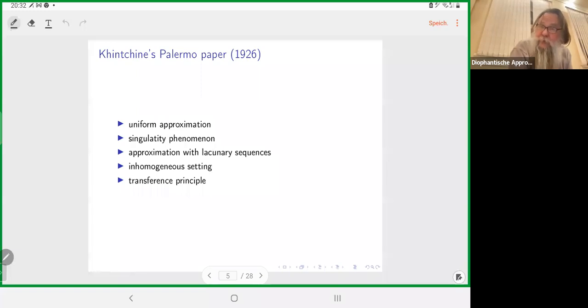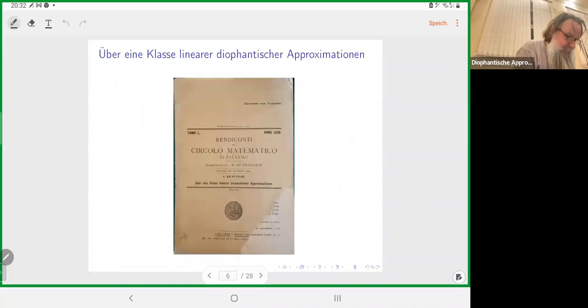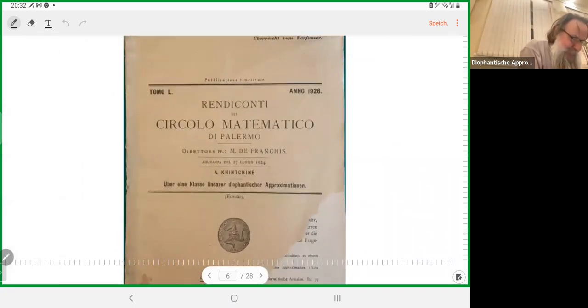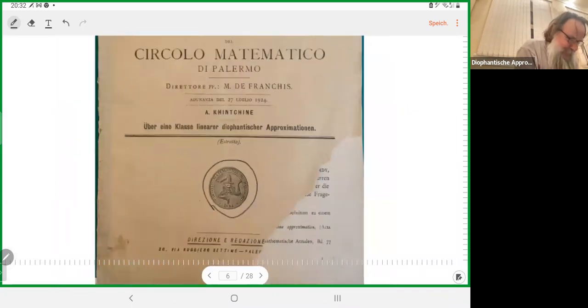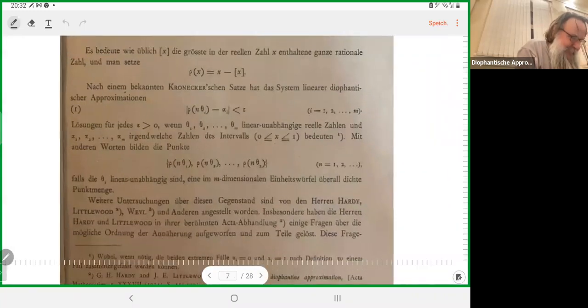Now I am not in Moscow, but in Moscow, in my place, I have many relics, and one of them is this print of Khintchine's paper in this wonderful journal, Rendiconti Circolo Palermo, with this wonderful medusa. If we look at the first page, we see that it starts with the well-known Kronecker approximation theorem, which I am speaking about now.